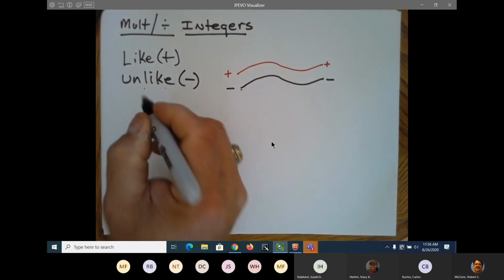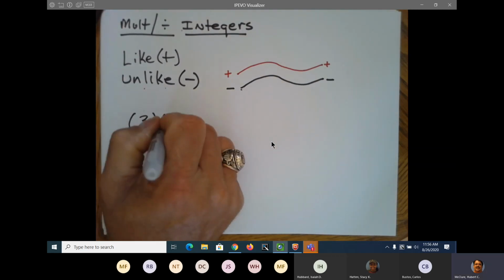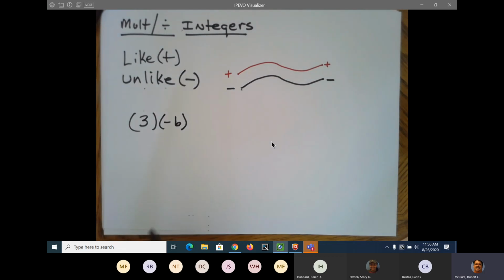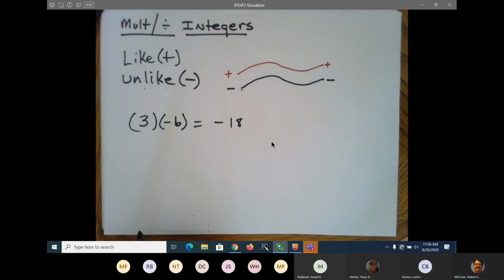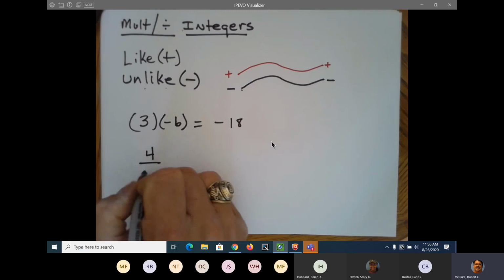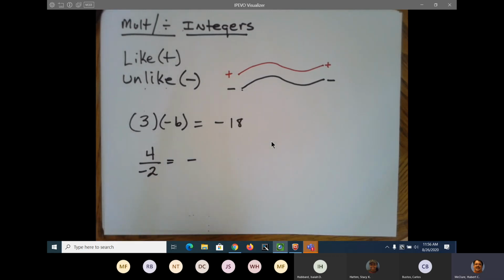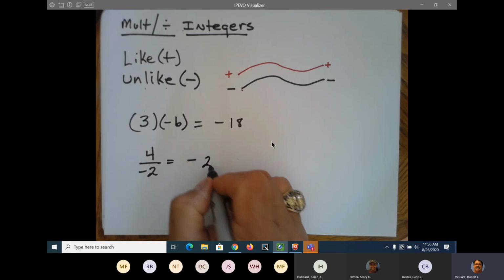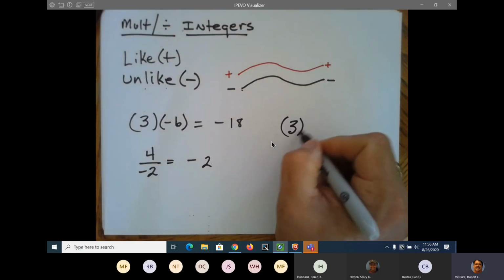So positive 3 times negative 6. Well, that's unlike signs. So your answer is going to be negative, and 3 times 6 is 18. 4 divided by negative 2 is equal to negative, and then 4 divided by 2 is 2. 3 times 8.